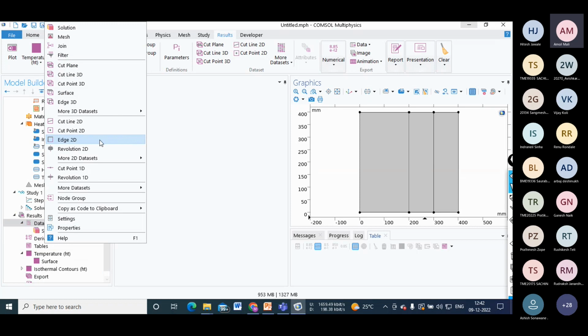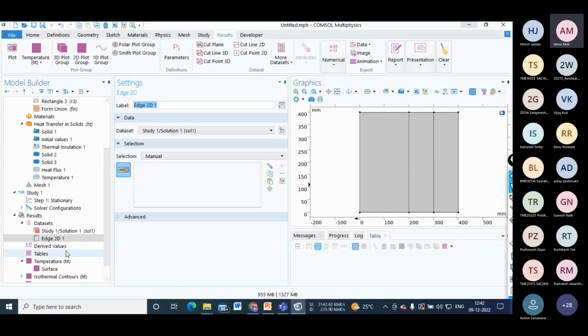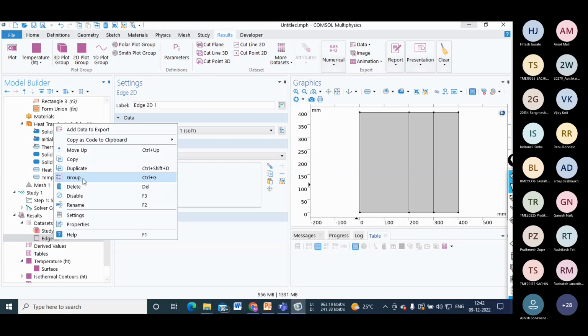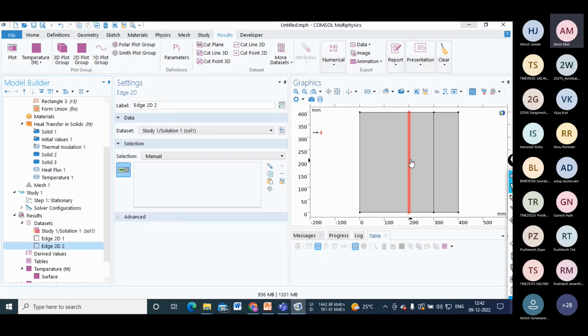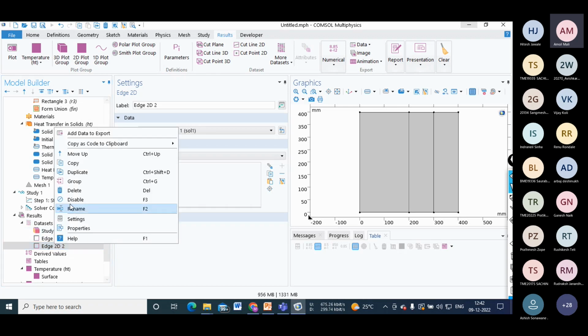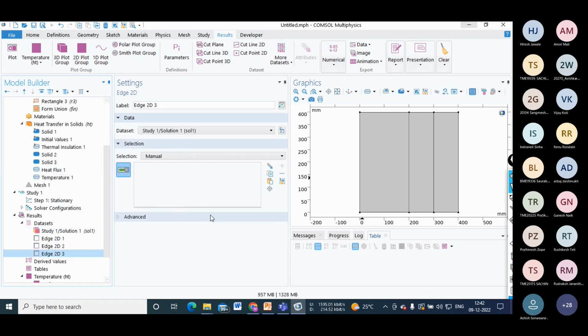So I will select the 2D edge for first. Again I will select more edges. Second for this edge. Third will be for second and third component interface. And at last, you know how much is temperature, 70 degree. Okay, so I will select this first edge, second data set for second edge, third data set for third edge.